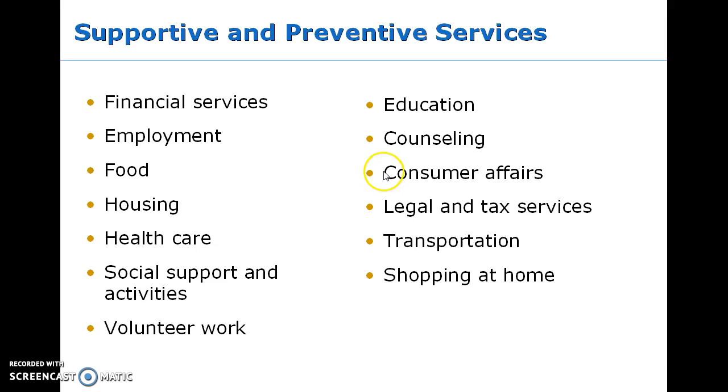I hope so. There's education for preventive services, counseling for sustaining mentality, and things that older adults need at home. Financial services, they may need some financial assistance or want to find out where there's availability of financial services that they qualify for within their financial means. Employment, just because you're over 65 does not mean that you cannot work or do not want to work.